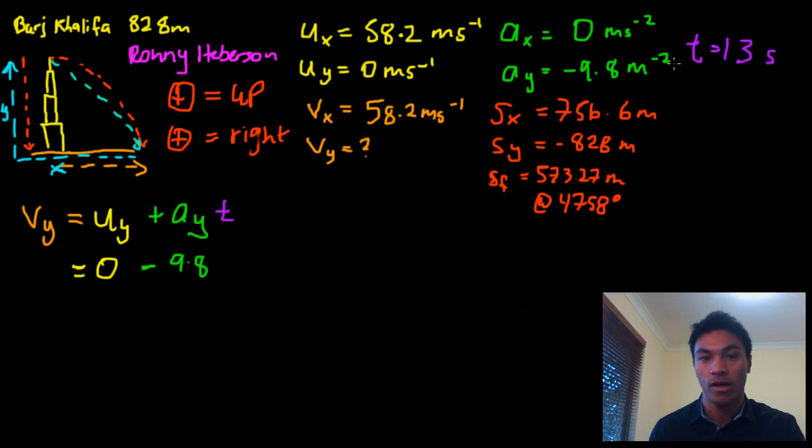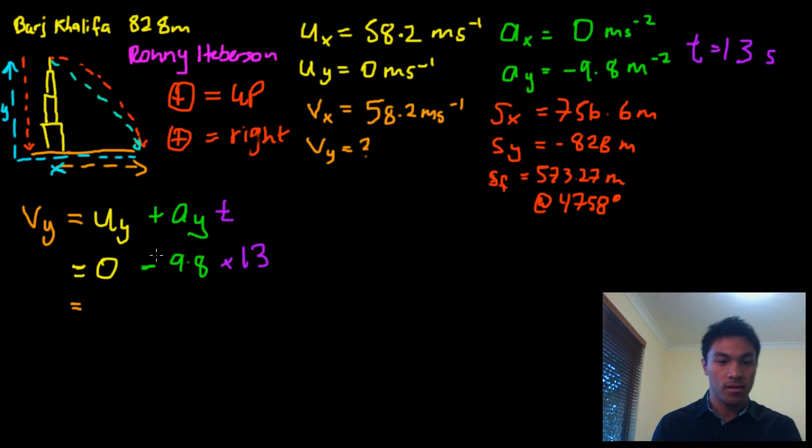So if we multiply that by the actual time it takes to get down there, which is 13 seconds, we'll find our final value for our velocity in the y direction. And that is just negative 9.8 multiplied by 13. Easy.